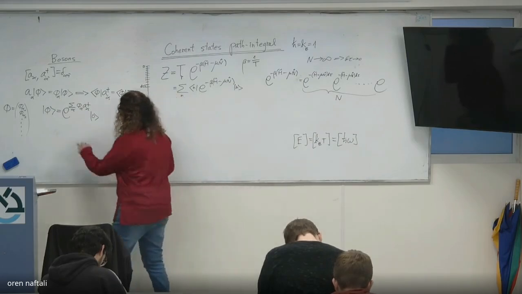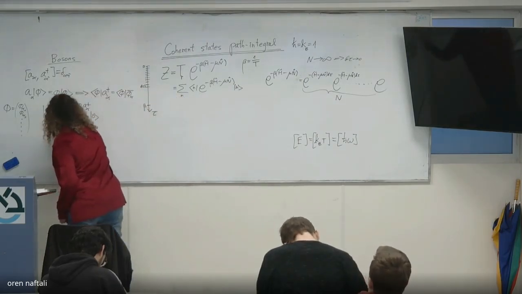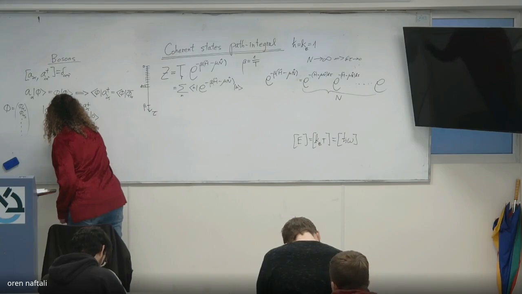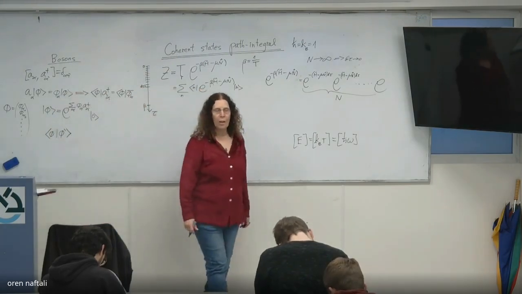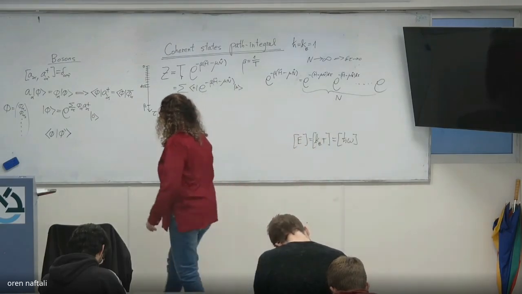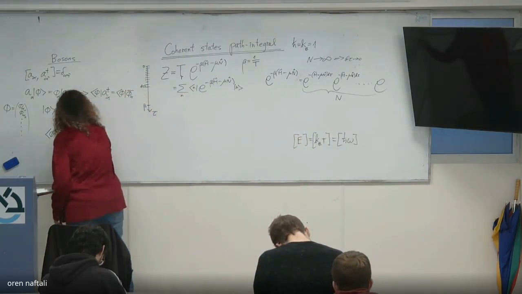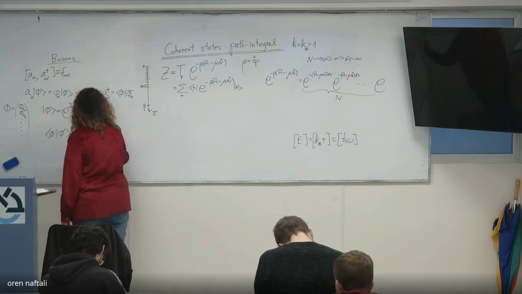And because of that, you can show, and this is also something we already did, if I now look at the inner product of two coherent states with different phi's, I get an exponential of a sum over alpha of phi alpha bar, phi alpha prime.